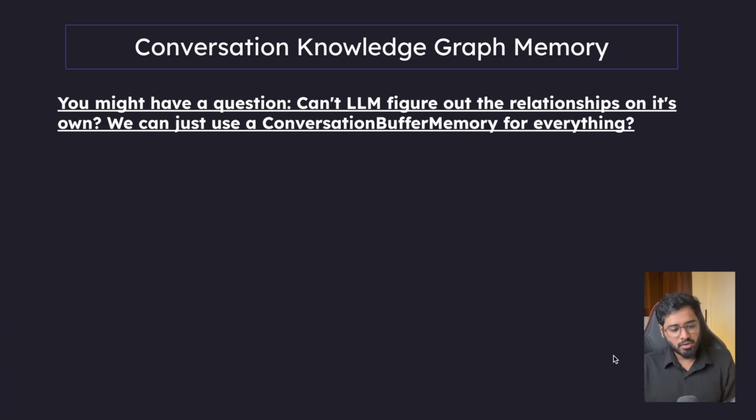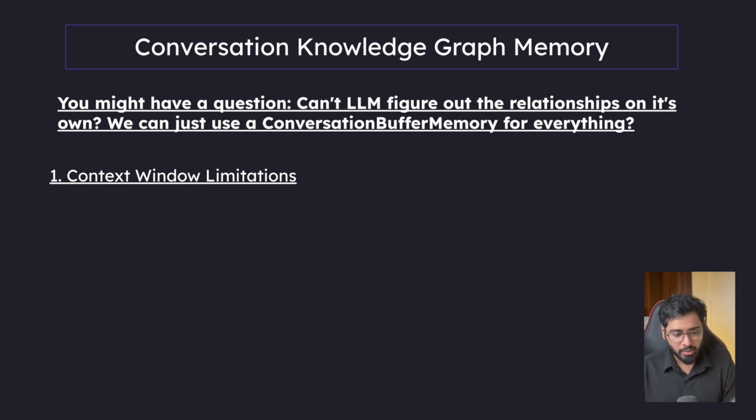Okay, so now you might have a question. Can't the LLM figure out the relationship on its own? We can just use conversation buffer memory for everything, right? That seems like a very simple thing. Or conversation window buffer memory, or a summary memory. So why not? Why do we have to, in some cases, go for knowledge graph memory? One obvious thing is context window limitations.